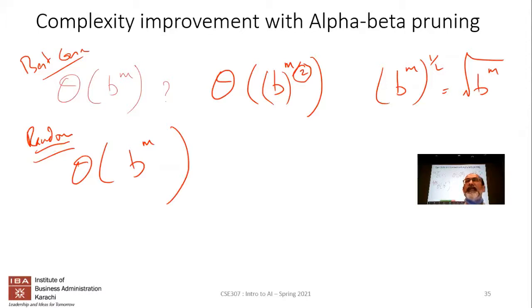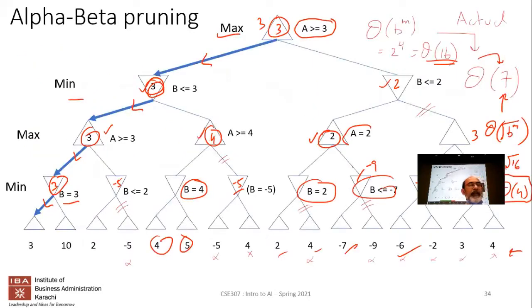What you're saying is that if it was random, it would probably not change. How many people agree or disagree? Disagree? You're agreeing, okay. So random is basically saying that the order of the leaves' values is completely random.